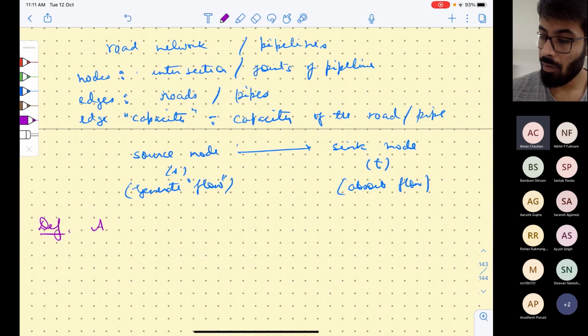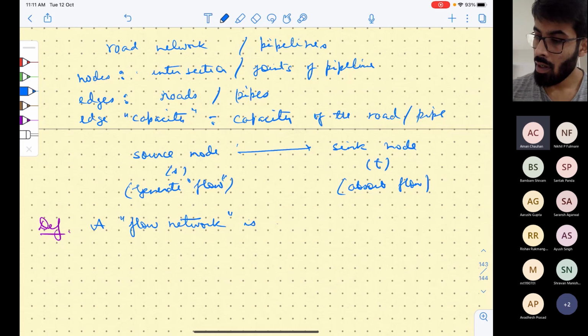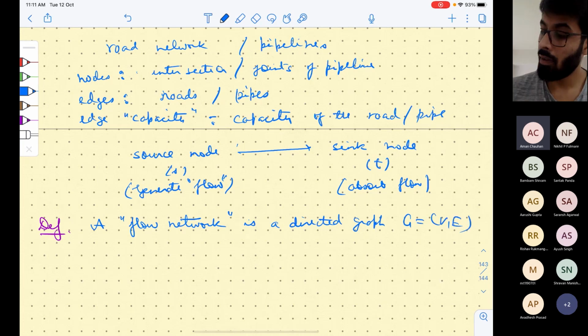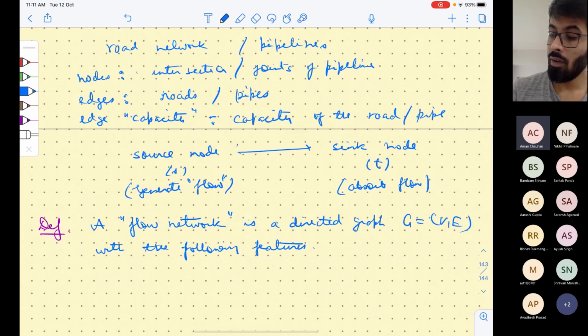A flow network is a directed graph G is equal to V comma E, right? With the following features. Okay.